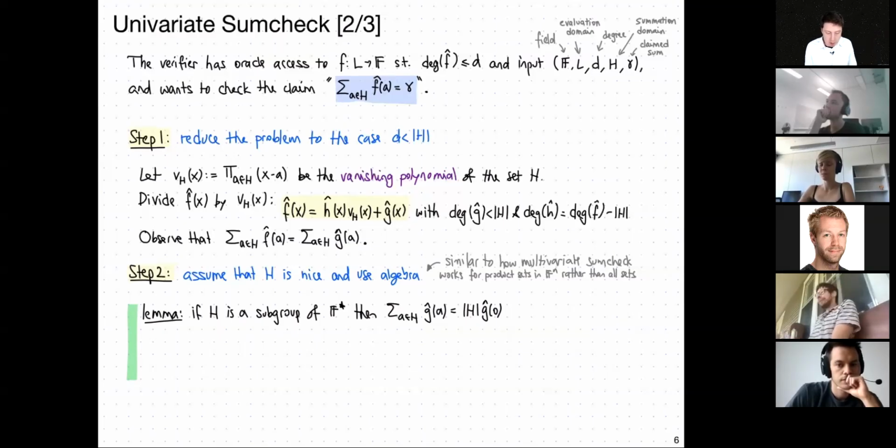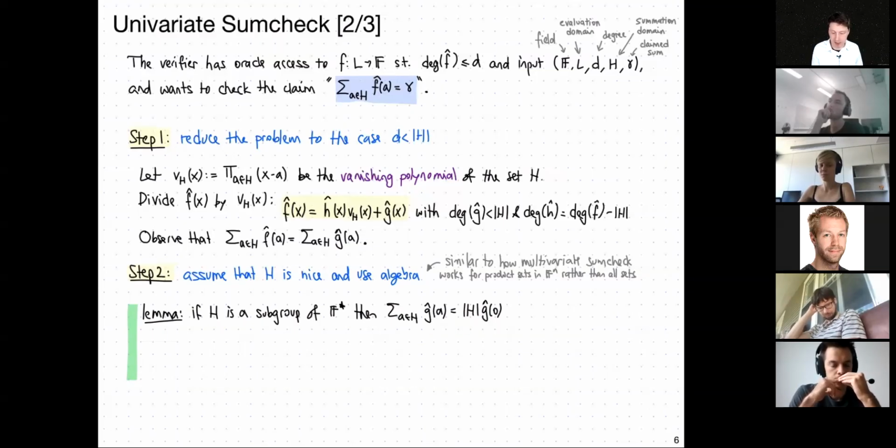So what we're going to prove, it's a very simple lemma, is that if H is a subgroup of F star, then the sum of the remainder always is H times the constant term of the polynomial, also known as G0. All right, that's it.